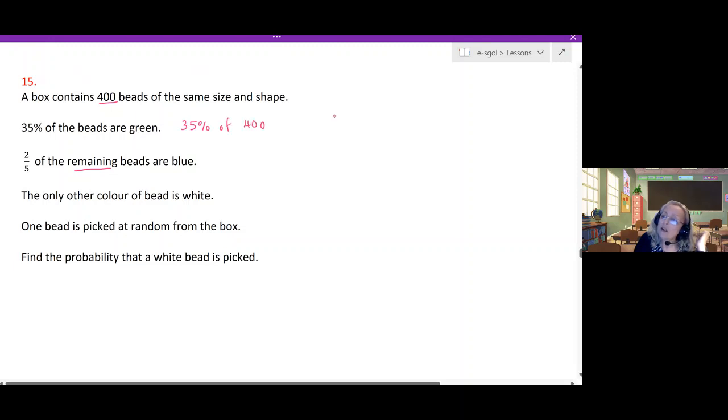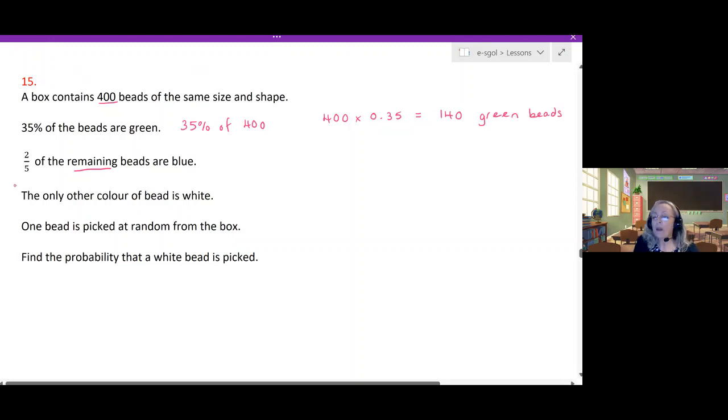And to do that, I'm going to do 400 multiplied by 0.35. If this was a non-calculator paper, I would probably find 10% and I would find 5% and I'd add up 10%, 10%, 10% and 5% to get to 35%. So that gives me 140 green beads.